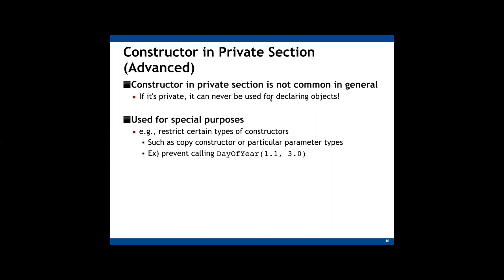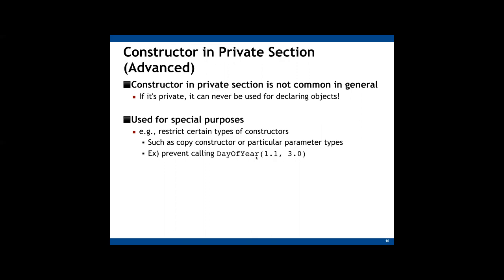By declaring a private constructor, you can restrict certain ways of creating objects. For example, if you place the constructor that takes 2 double arguments in the private section, you can prevent programmers from creating an object of the DayOfYear class using 2 double values like this one.